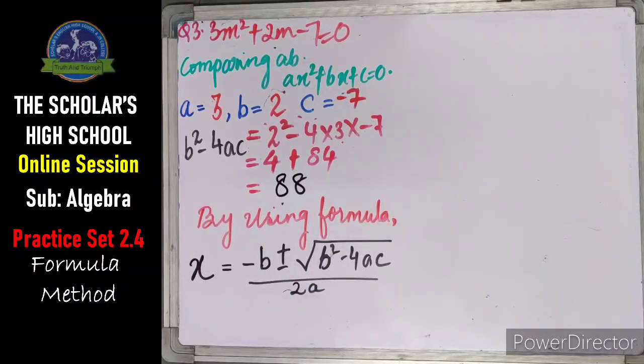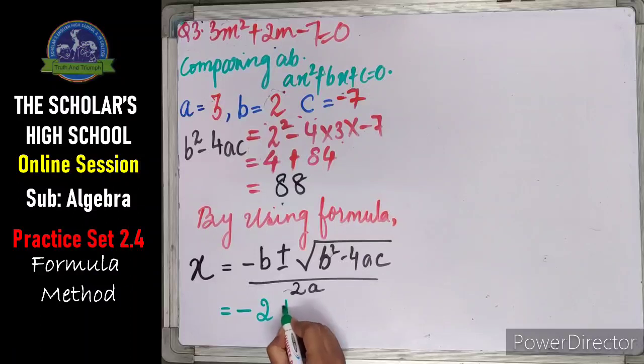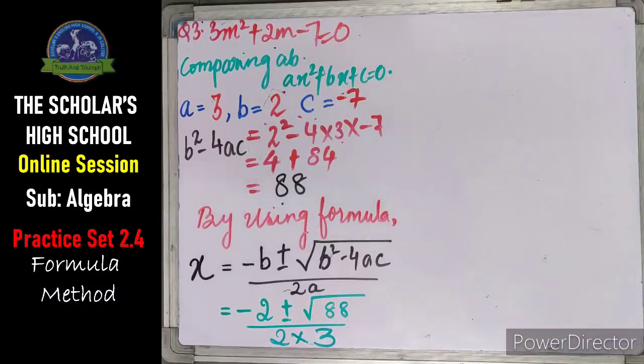So now we are going to put all the values in the formula. Equal to minus, the value of b is 2, plus minus root 88 upon 2 multiplied by 3. Now you will see 88 is not a prime number, and so it has factors. So we are going to split into factors. The factors of 88 we are going to take are 4 multiplied by 22.